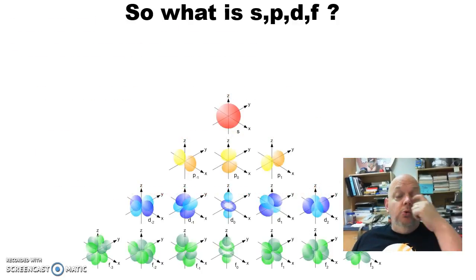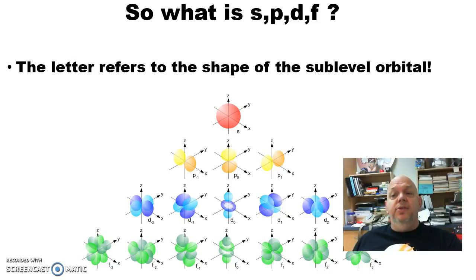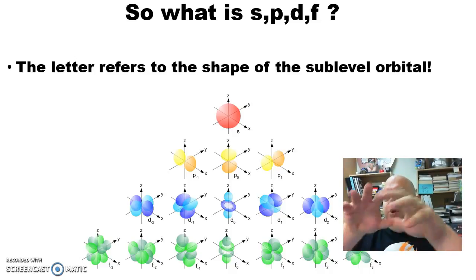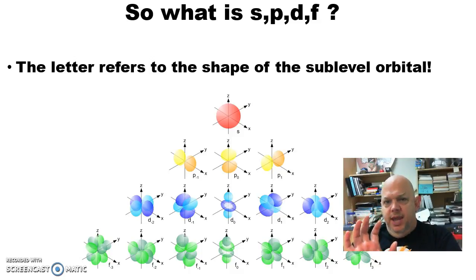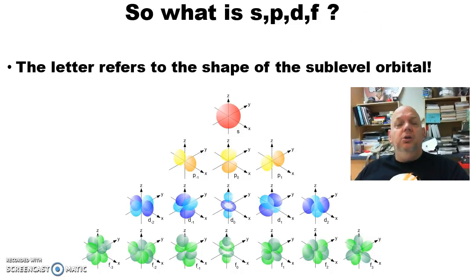Here we looked at the shape of this sublevel orbital. Remember, the orbital is the region where the electrons hang out. They have different shapes. That's where the S, P, D, and F come in. Are there some others beyond that? Yes, they are outside of what we are covering here for chem, but you can see through this picture here, like we went through the last time, these shapes go really woo.